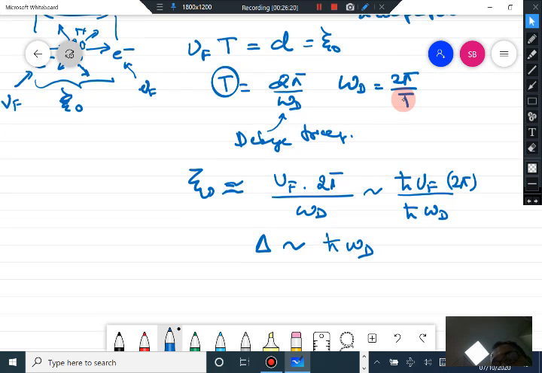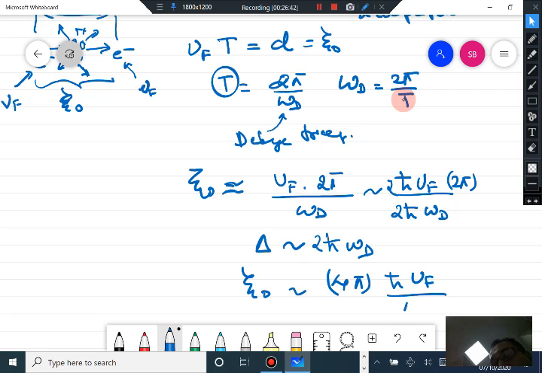Delta is of the order of, actually it is 2ħωD. So you can actually consider this as, if I put 2 out here, ξ is roughly, of course you are off by a factor of 4π, ħvF by Δ, okay.